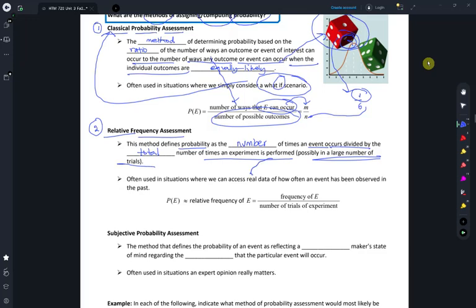We use this method especially in cases where we can access real data of how frequently an event of interest has occurred in the past, and we use that knowledge of the past to predict the future. Take, for instance, if you were to buy an item on Amazon and it has been indicated that 9 out of 10 times in the past, based on real data, verified reviews and purchase records, customers have returned this product.